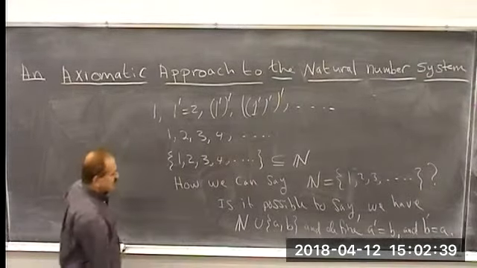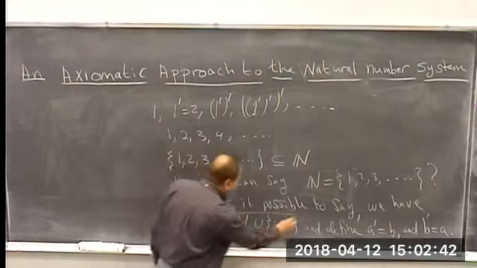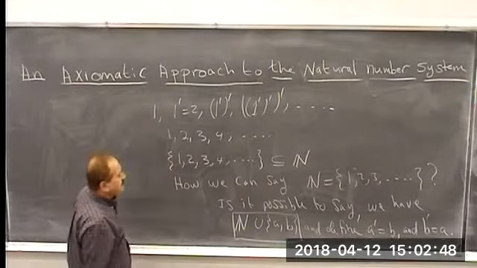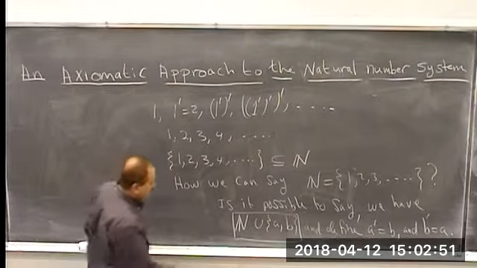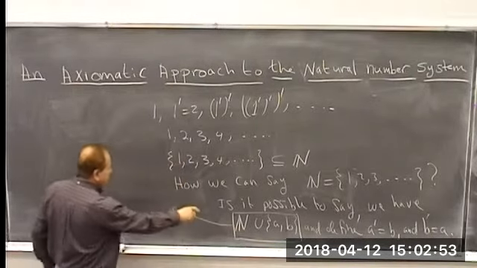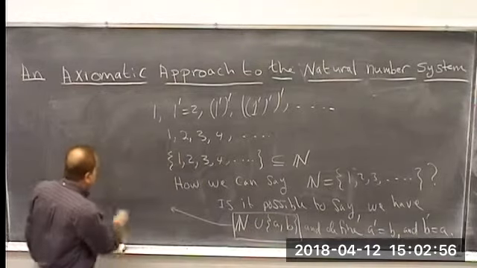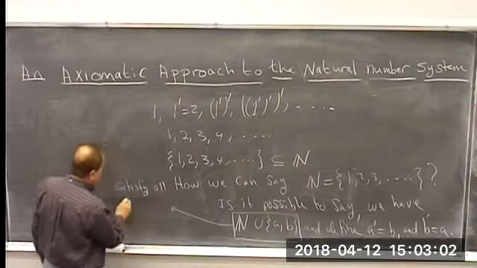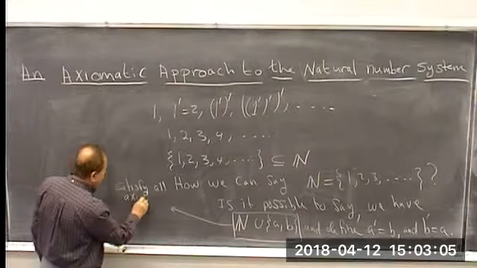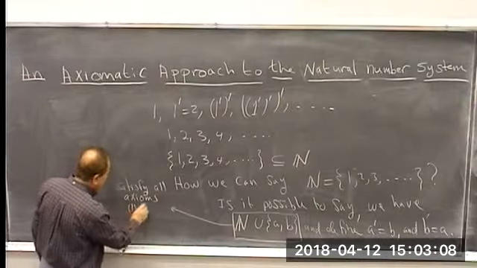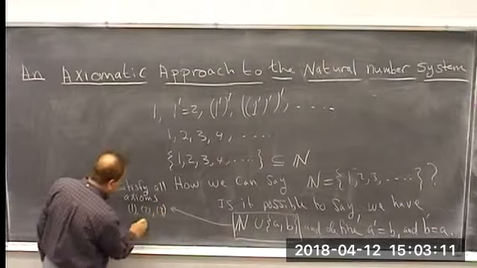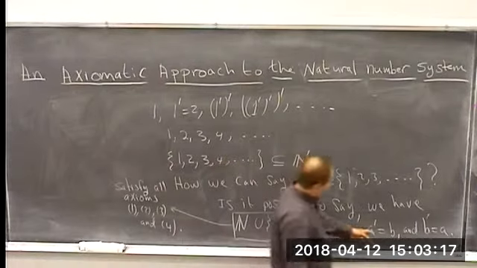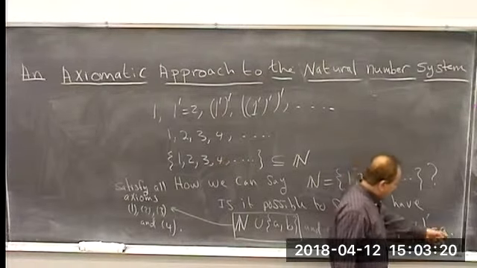If I take this as a new set, my N basically, it means I enlarge it. It turns out that this set, N together with A and B, satisfies all axioms 1, 2, 3, and 4 by defining the successor of A to be B and the successor of B to be A.